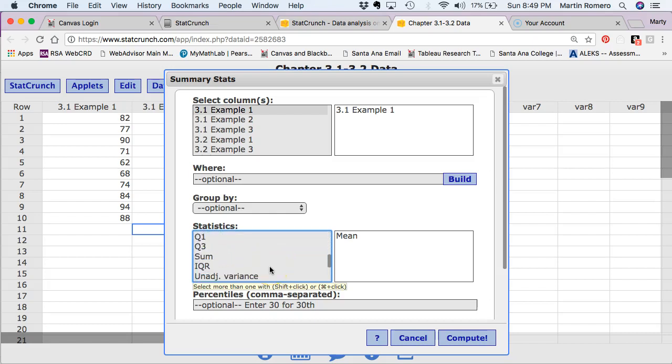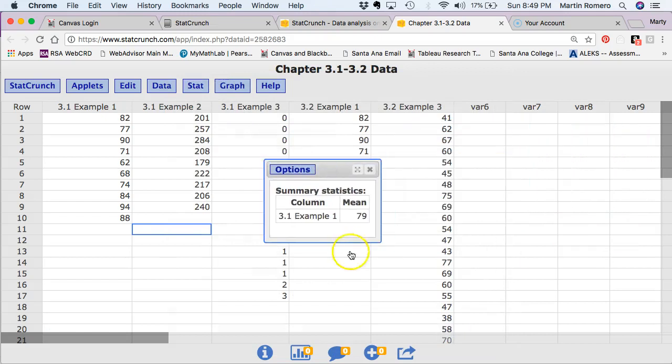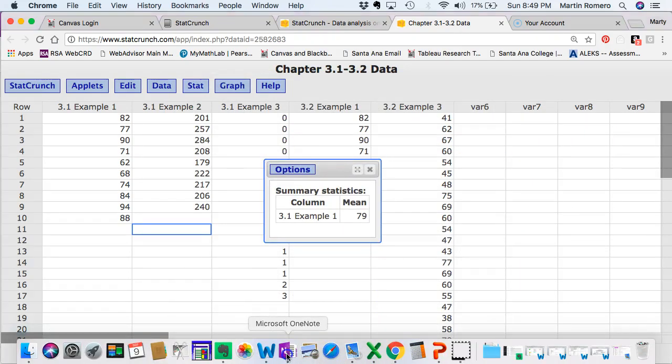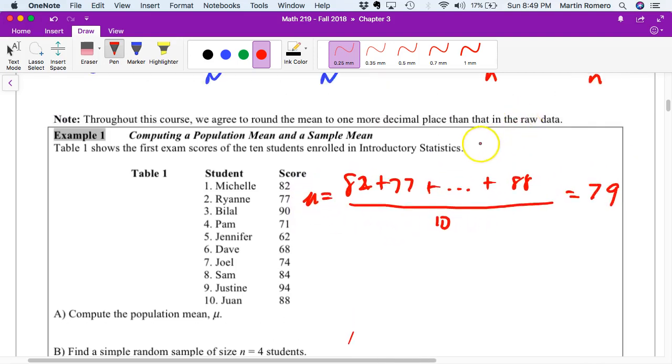Hit compute, and you get an answer of 79. So again, that's the answer that we would put into this here. When we add them up, you would get 79 right there. And so that would be the population mean, mu, the way we say that.